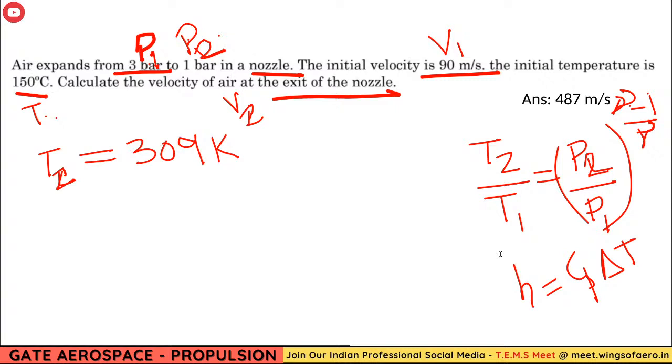See, it is 150 centigrade. Now, if you want to convert to Kelvin, add 273, so you will get 423. Right?